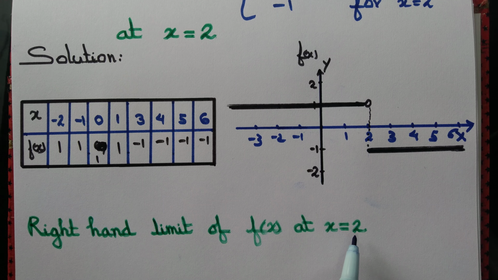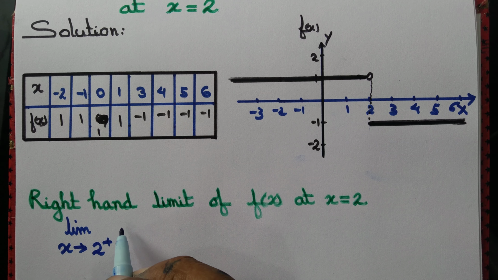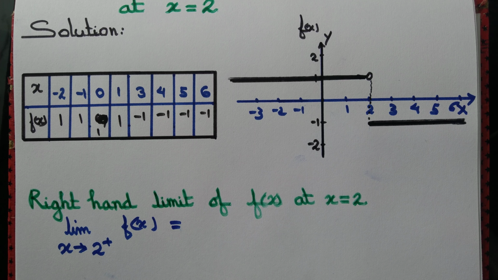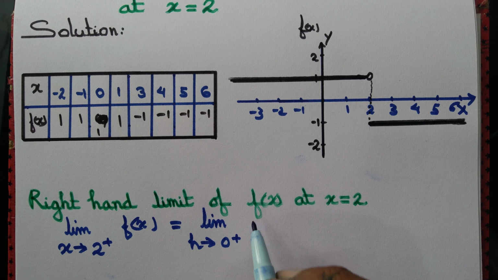Right hand limit of f(x) at x equal to 2, that means we will be taking x greater than 2, is nothing but limit x tends to 2 plus of f(x). Let's write x equal to 2 plus h, so that's simply equal to limit h tends to 0 plus of f(x).